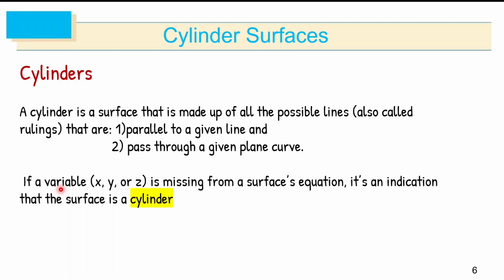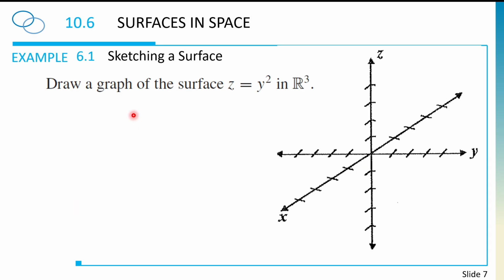If there are two variables and one missing, this is a good indication that this surface could be a cylinder. Now let's try one example and see what I mean by that. Let's say we have this example. I need to draw a graph of the surface z equals y squared in three-dimensional space.